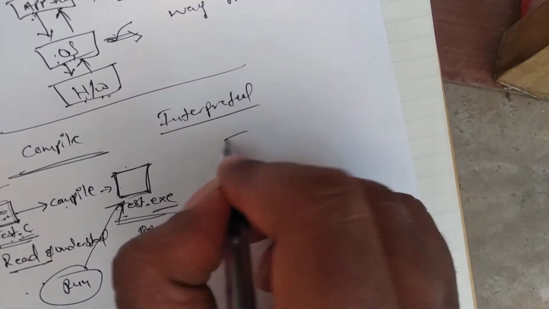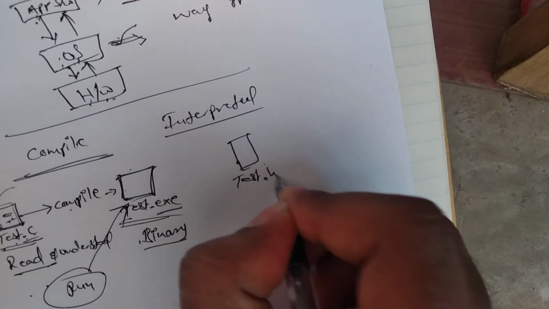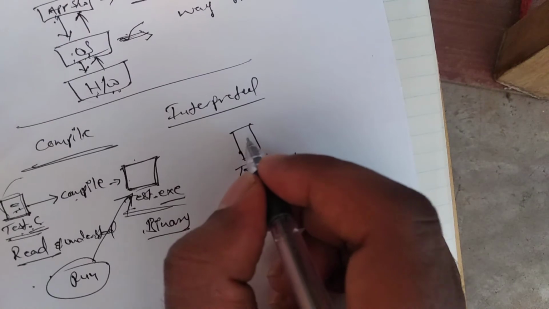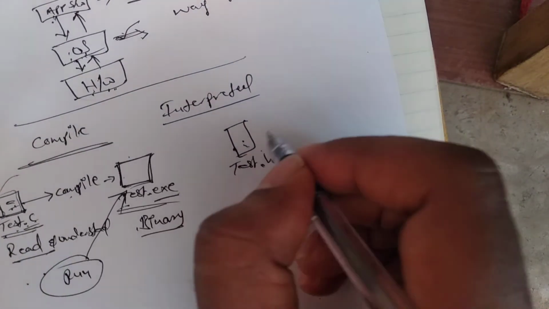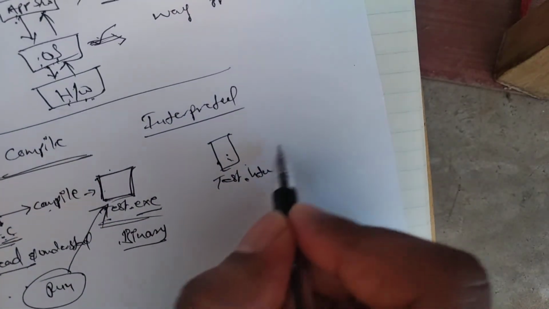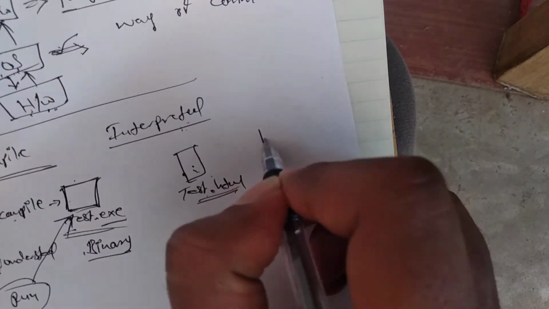Whereas in the interpreted program, suppose test.html, I'm taking an HTML program. In this program, there is no compilation, there is no extra file generated here. It will be directly interpreted in some software, in this case in web browsers.